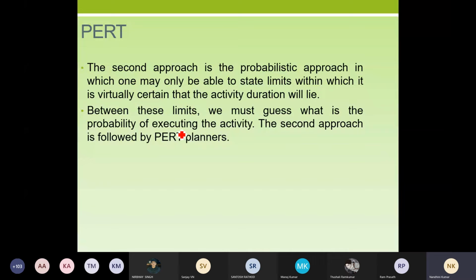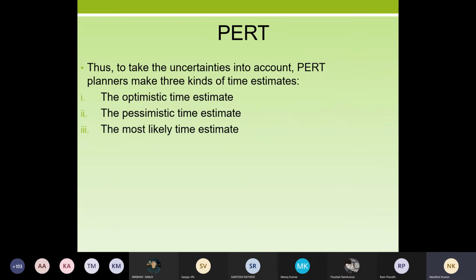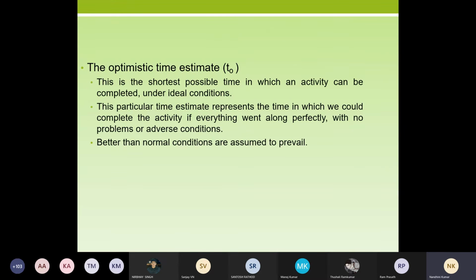Thus, to take the uncertainties into account, PERT planners make three different types of time estimates: the optimistic, the pessimistic, and the most likely time estimate.